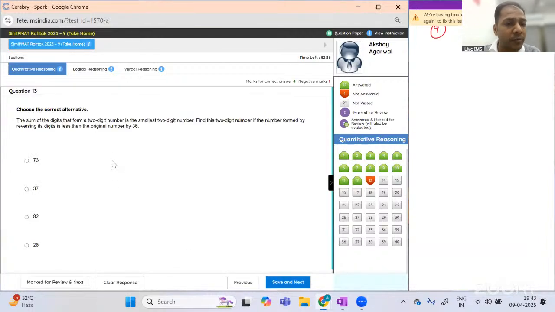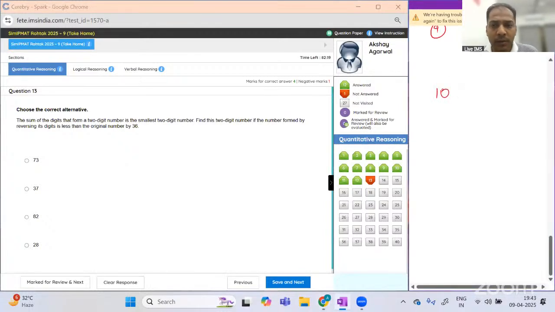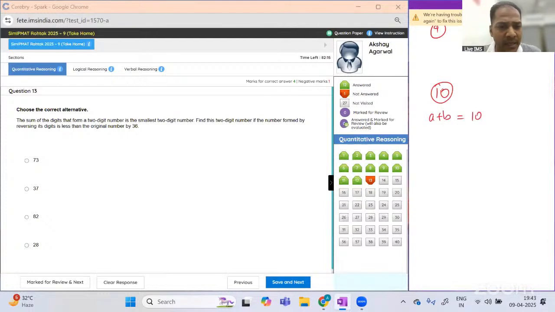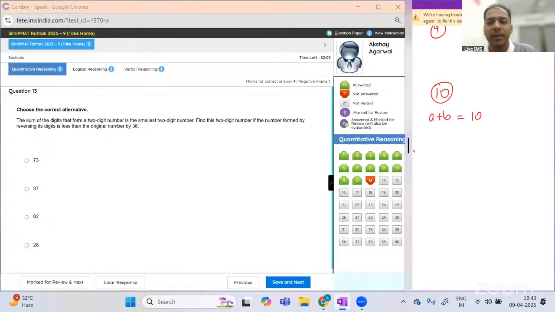The sum of digits that form a two-digit number is the smallest two-digit number. The smallest two-digit number is 10. So sum of digits means a plus b, where the two-digit number is ab. A plus b is 10. Find this two-digit number if the number formed by reversing its digits is less than the original number by 36.